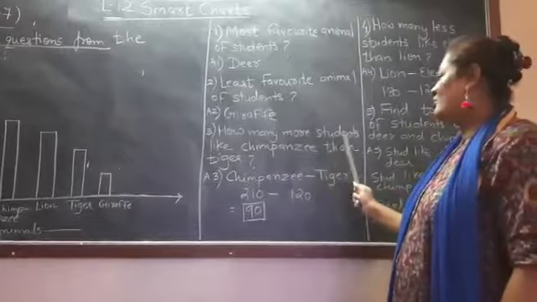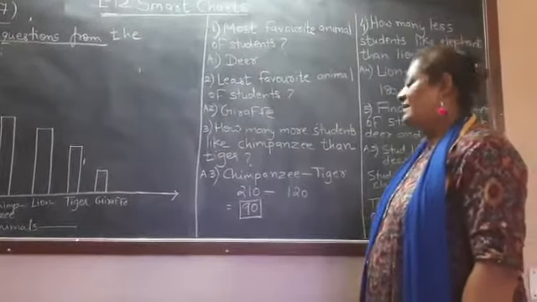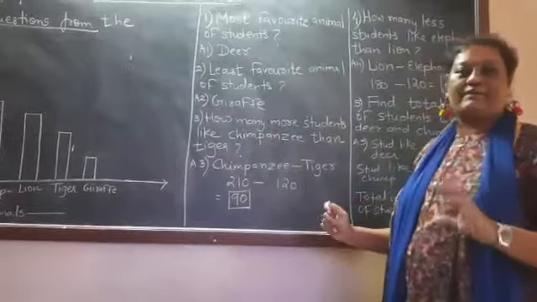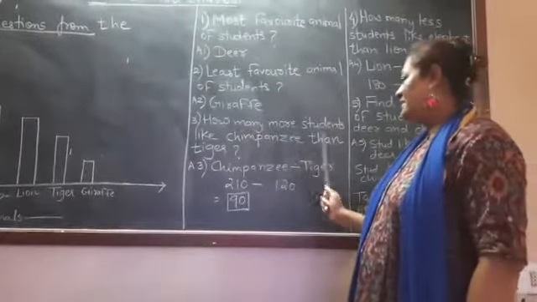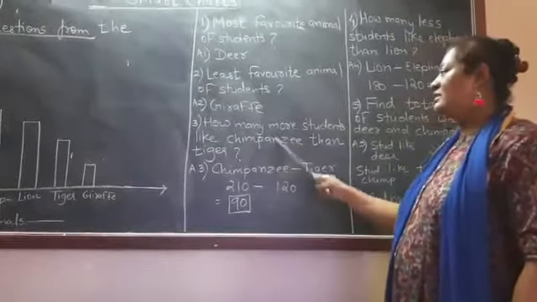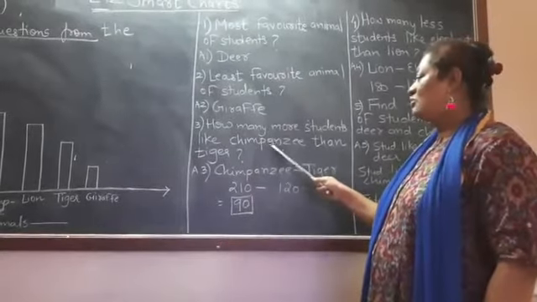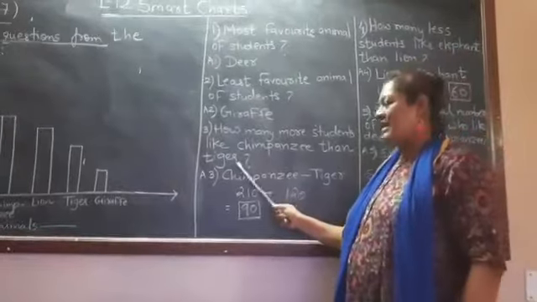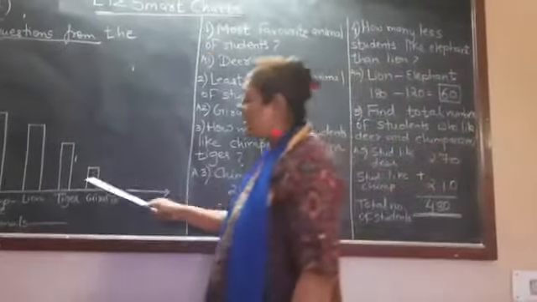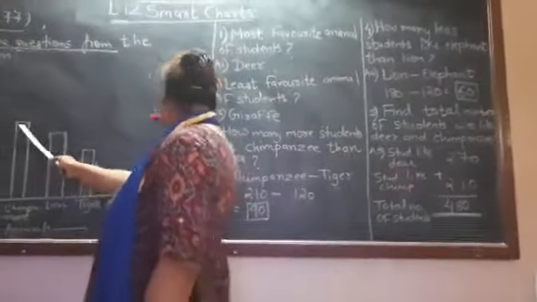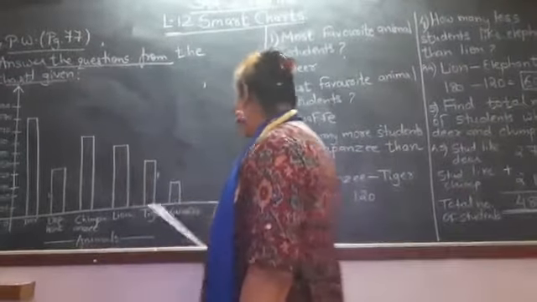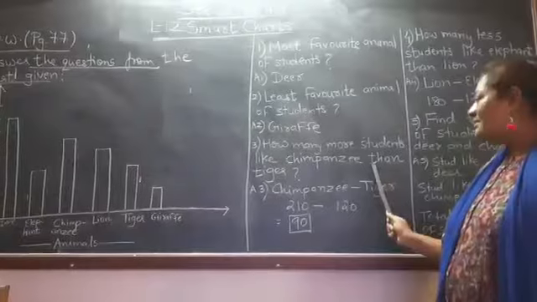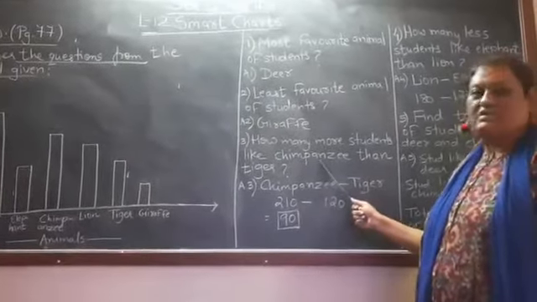Now, how many more students like chimpanzee than tiger? Here we are having a comparison between chimpanzee and tiger. The rectangular bar of chimpanzee ends on 210. Compared to tiger, how many more students like chimpanzee?